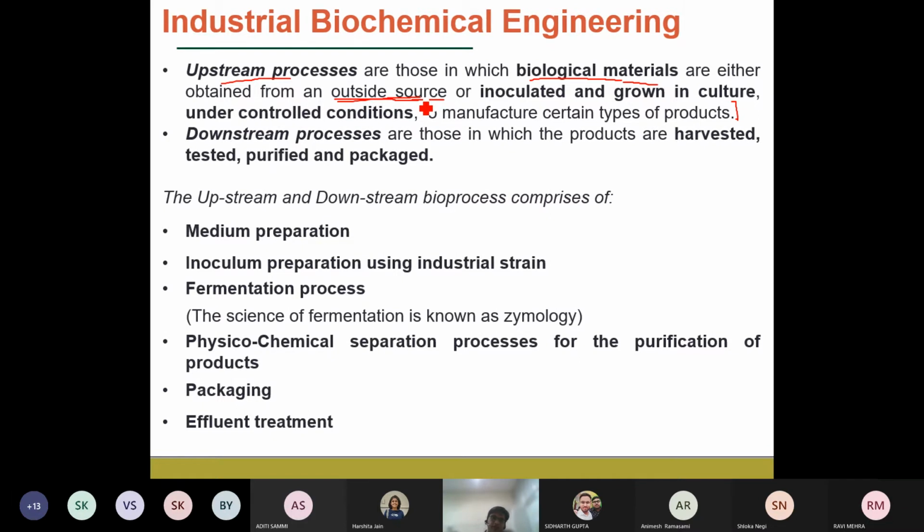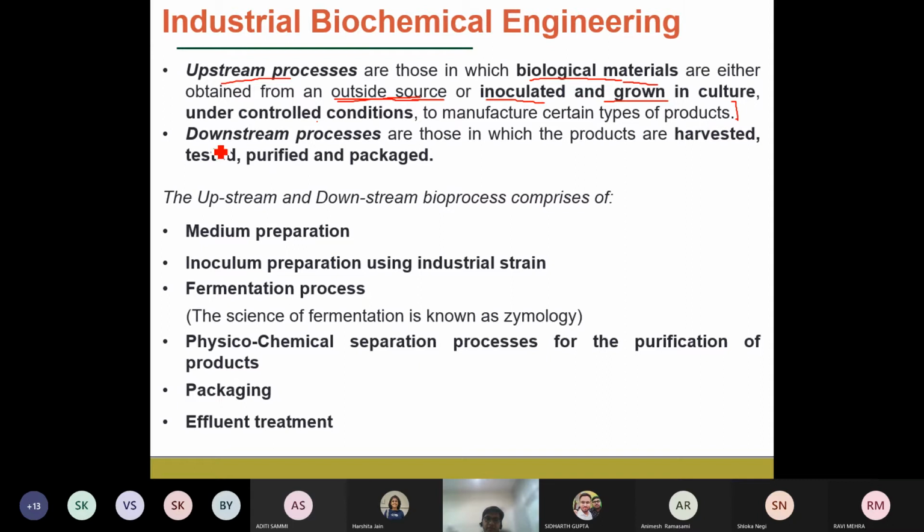The source from which you are getting a microorganism generally has a severe effect on that. And then you have to inoculate and grow in the culture. Okay, so grow means you are increasing the concentration of the desired microbes under a controlled condition, and then you go for the manufacture of the particular products through the fermentation technique.